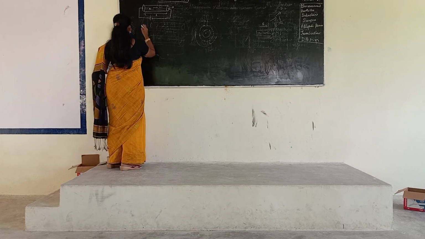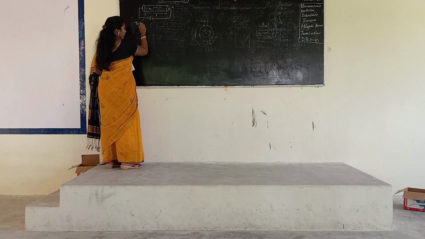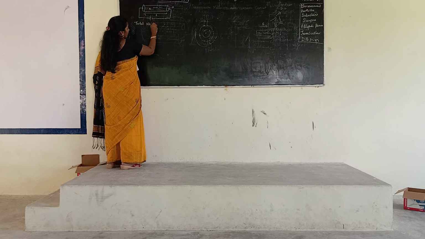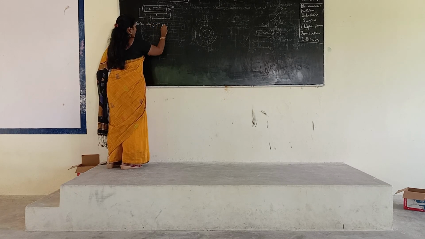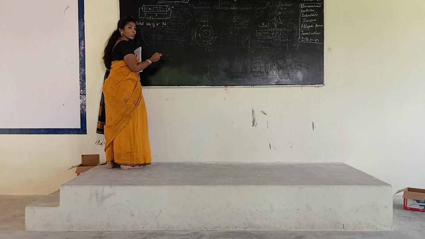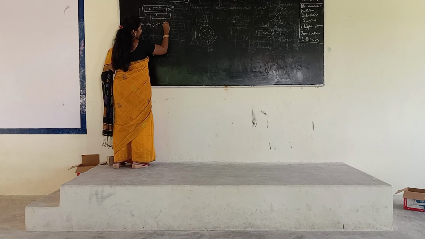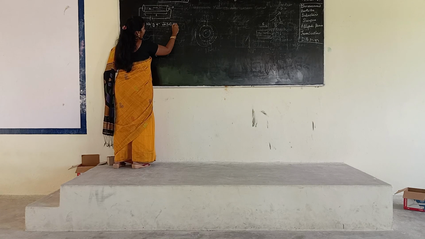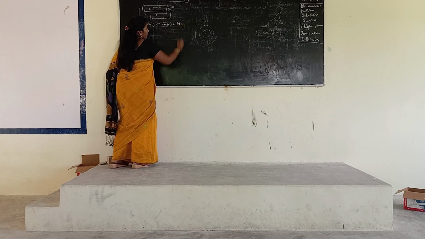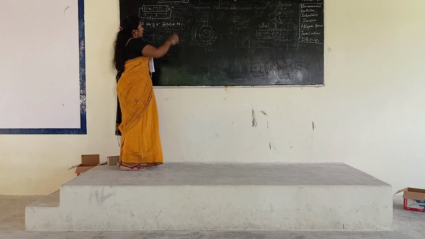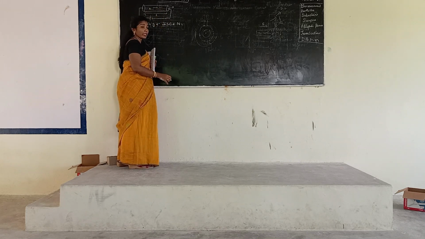So when you write here, write total number of electrons in the solid material: capital N is equal to the total number of electrons in our considered solid material.